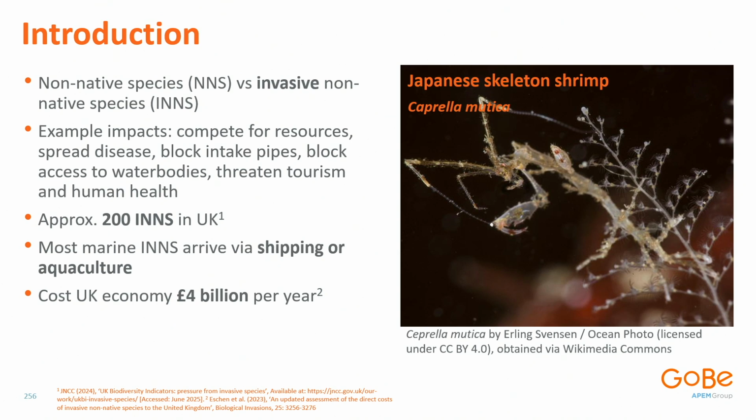Most marine invasive non-native species arrive via shipping, on the hulls of ships or in ballast water, or through aquaculture, perhaps attached to shellfish, or in the packaging or the water that comes with those shellfish as they're moved around. They cost the economy a lot of money, an estimate of about £4 billion per year, and that is probably an underestimate considering the limited data.